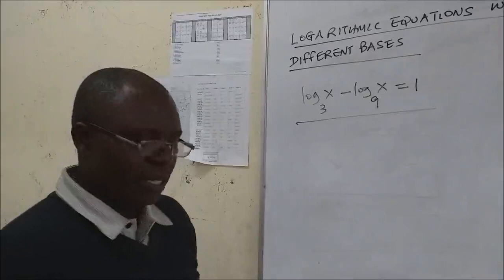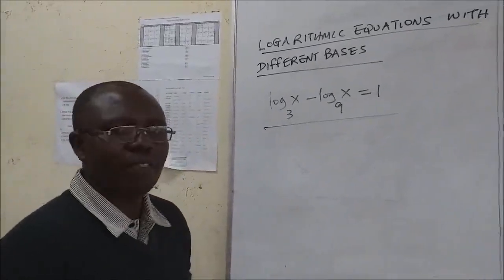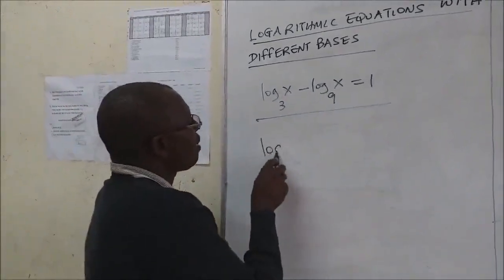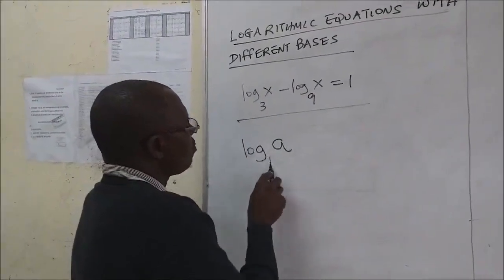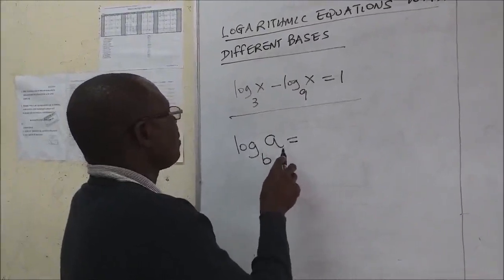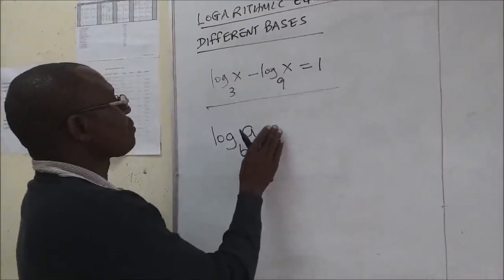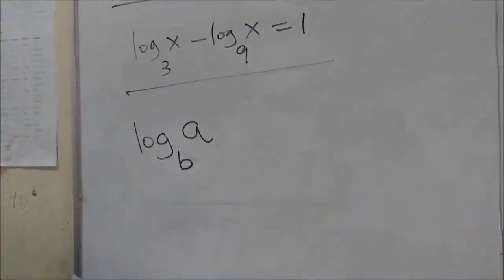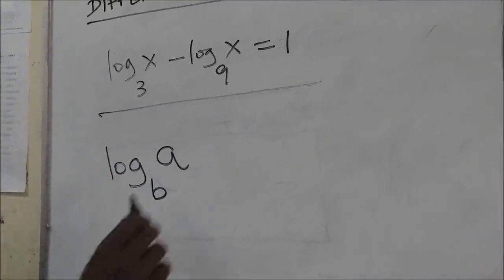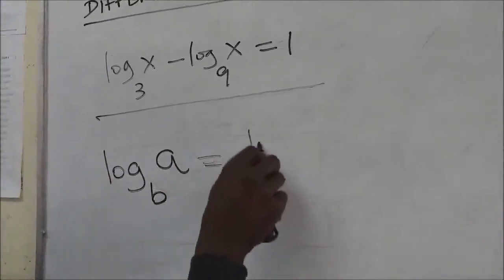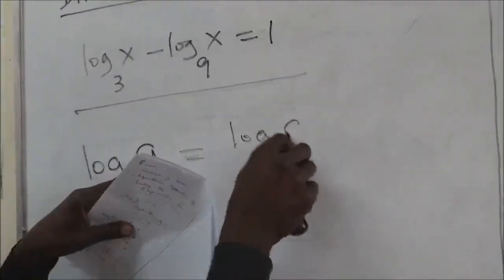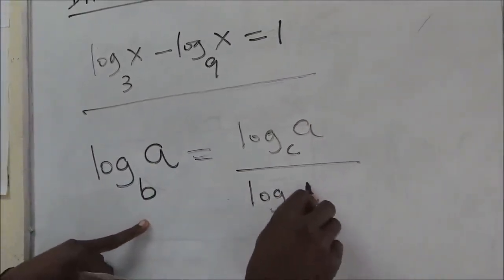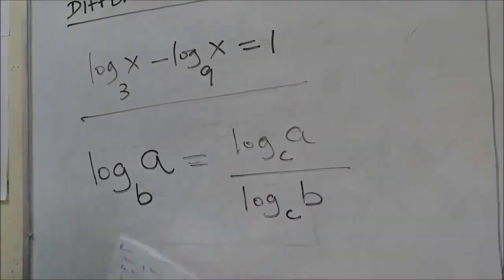One of the concepts is changing the base of a logarithmic expression. For example, if we have log a to base b, and we'd like to change this expression to base c, we write it as log of a to base c over log of b to base c.